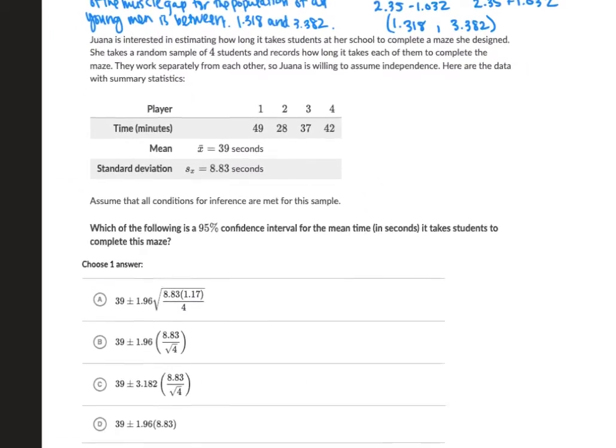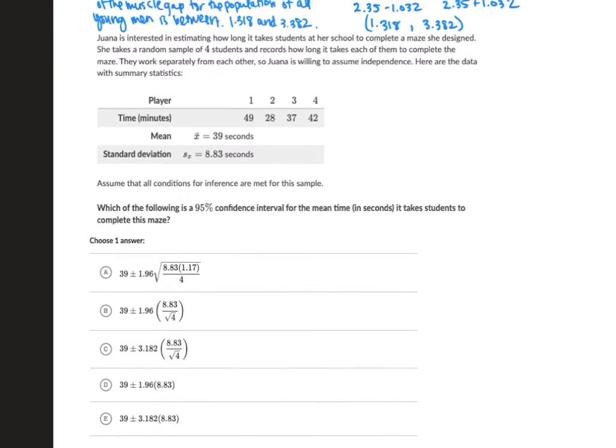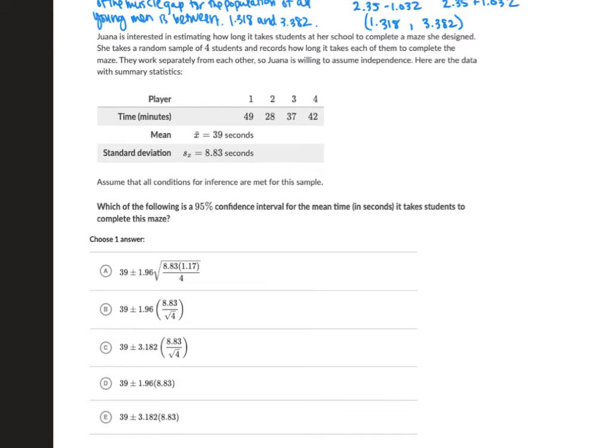All right, this next problem, we actually don't need to do much other than really just determine the correct t-star value. That's probably going to narrow down a lot of our answer choices. Notice I'm not even reading this problem because in looking at the answer choices, since they're all so different, we're going to be able to eliminate things based on where they fall in the formula.